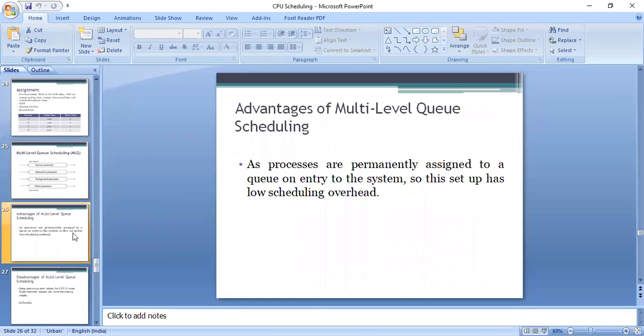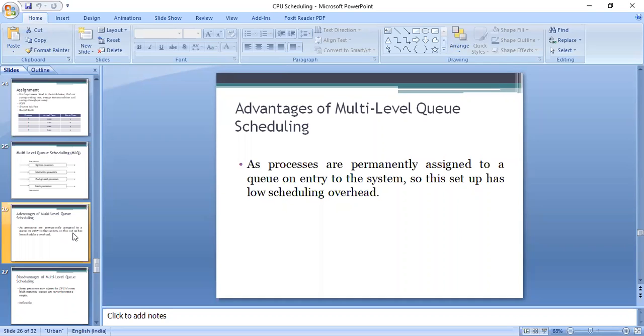So what actually is the advantage of multi-level scheduling? As the processes are permanently assigned to a queue on entry to the system, this setup has lower scheduling overheads because we are not into the phenomenon of context switching.